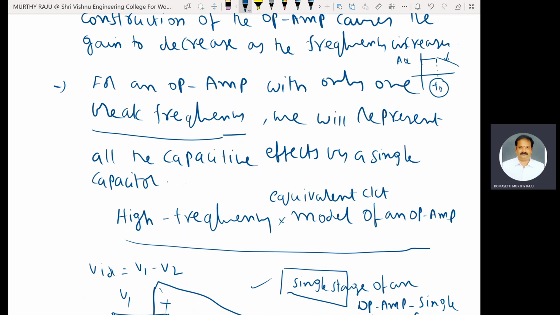That means with multiple stages, more capacitors are included, and more break frequencies are included. For an op-amp with only one break frequency, we represent all the capacitor effects by a single capacitor, that means a single stage.